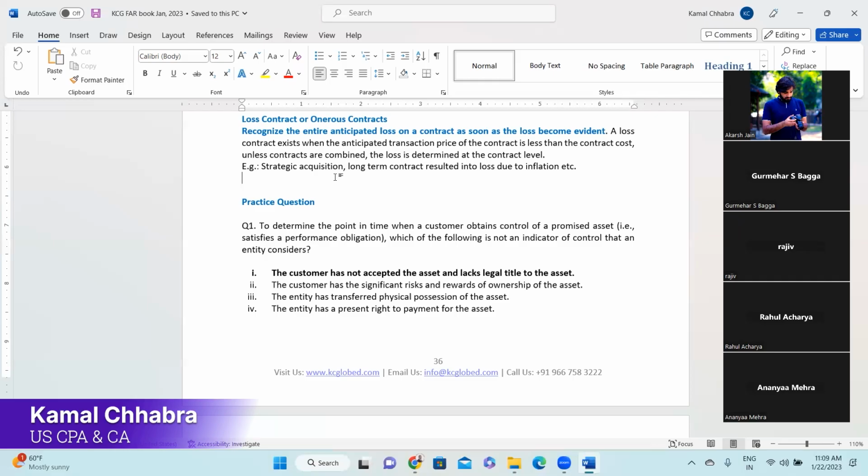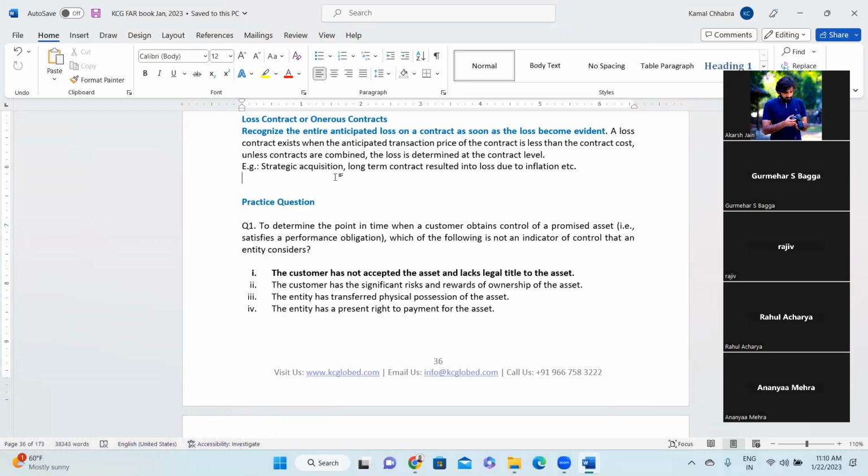Yeah. So for example, back in 2002, PwC India acquired the Maruti audit engagement at a 60% loss. The reason was that at that point of time, Maruti had 71% market share in automobiles.